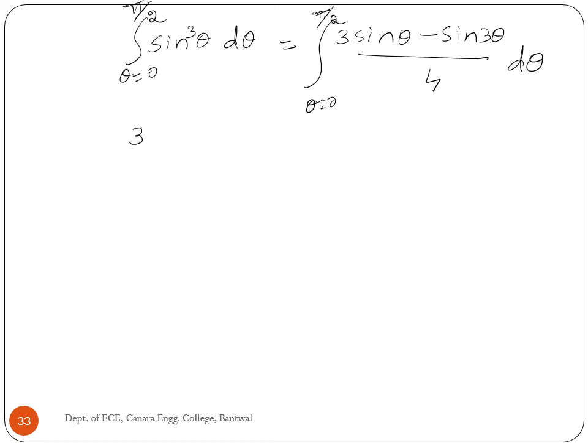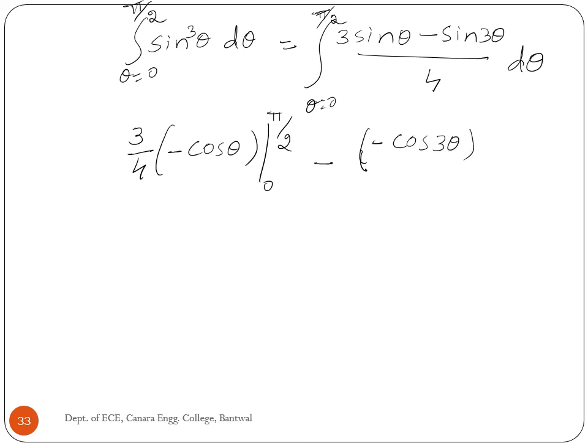That is 3 by 4 integration of sine theta is minus cos theta, limit 0 to pi by 2, minus cos 3 theta divided by 4, 0 to pi by 2.